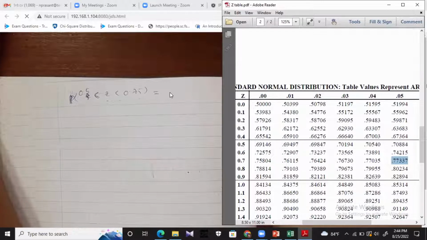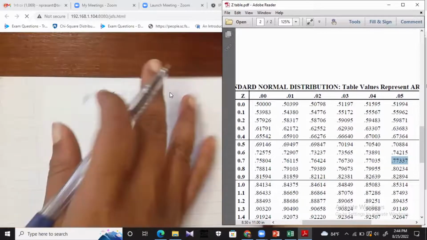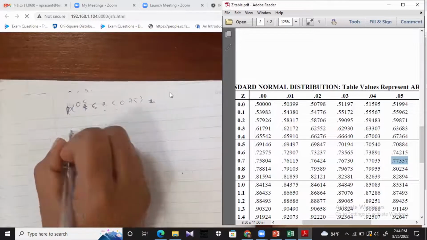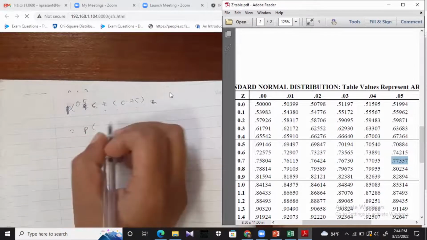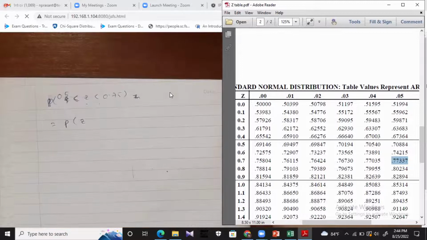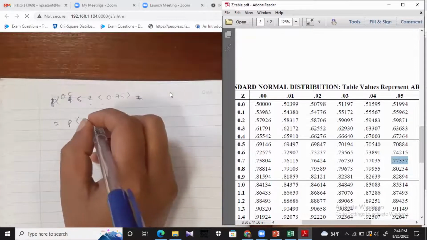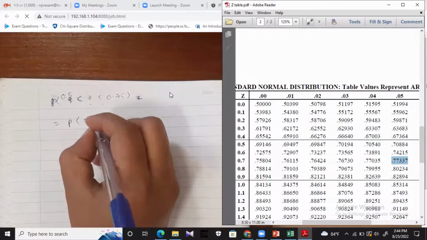Okay, do it with me. I'm writing the solution. Do it with me. This is equal to, please correct me if I'm doing wrong, okay?